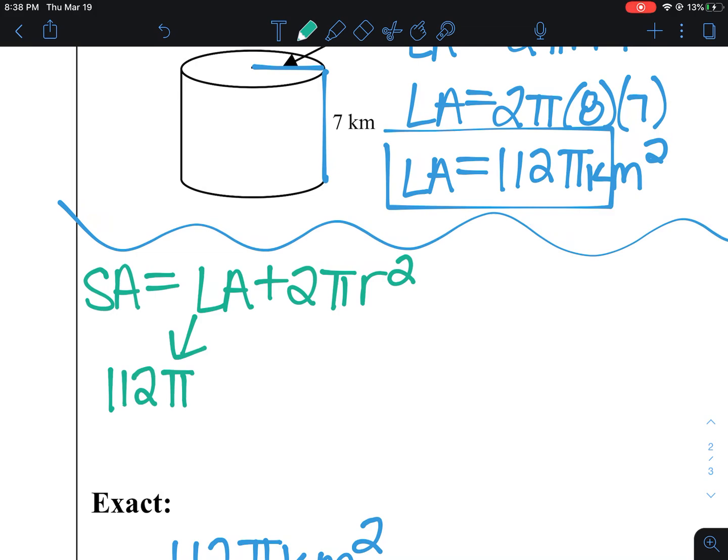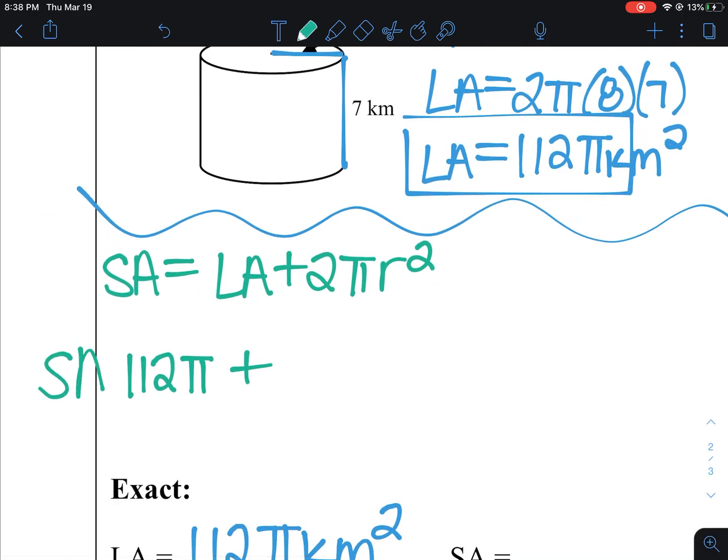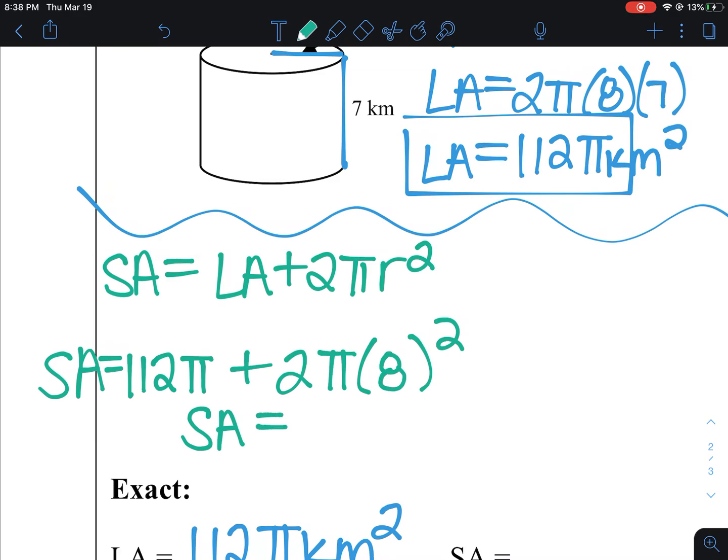And then this part would be 2 pi, the radius is 8, remember? So 8 squared. When you simplify this whole thing, this would be 112 pi plus, 8 squared is 64, times 2, which is 128.